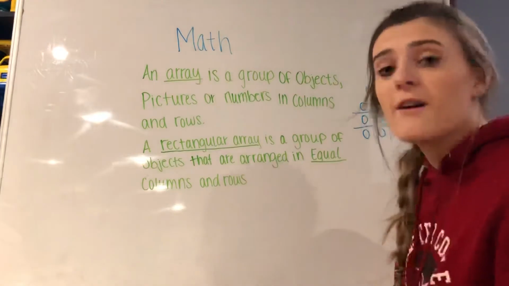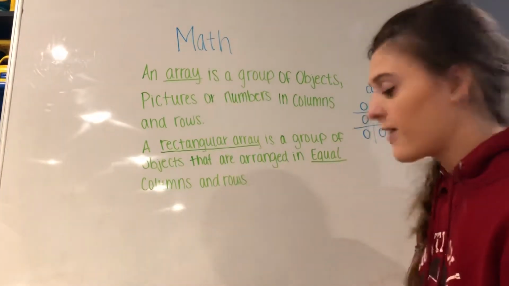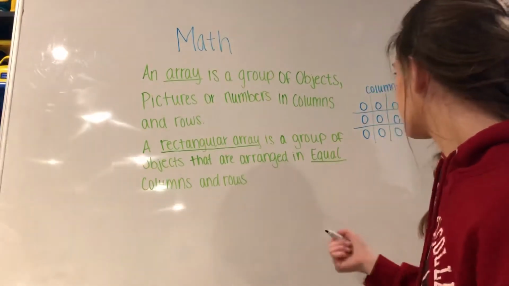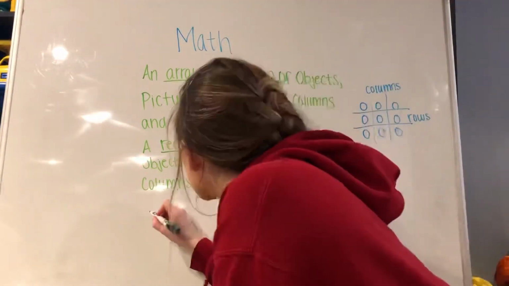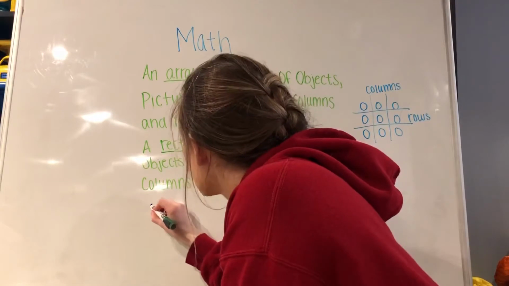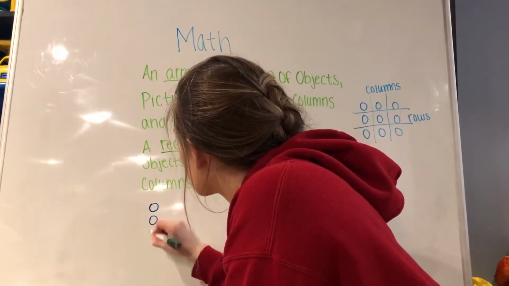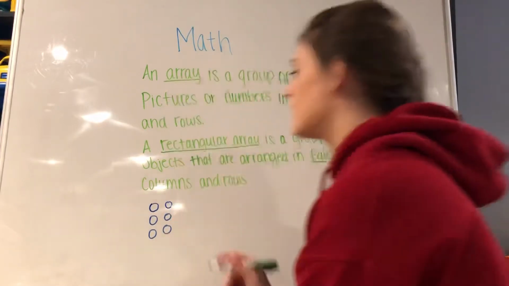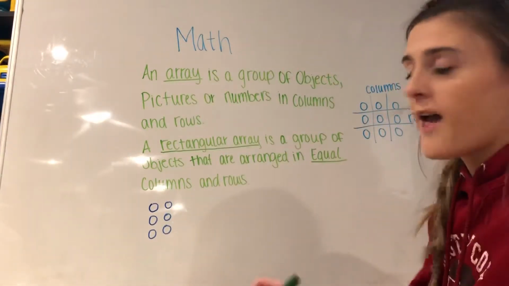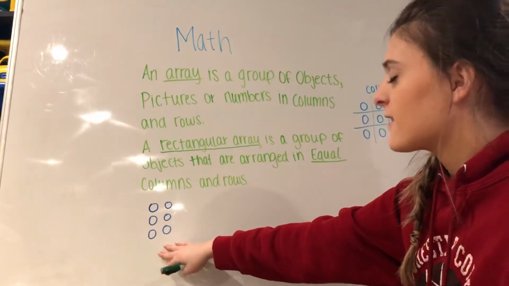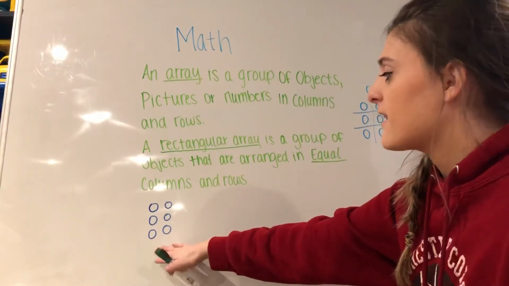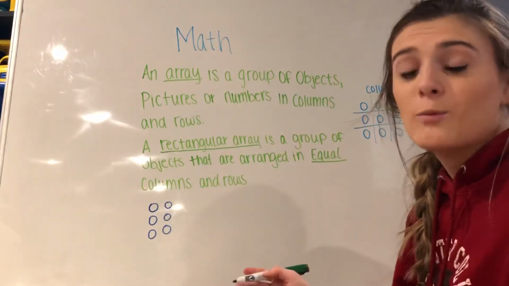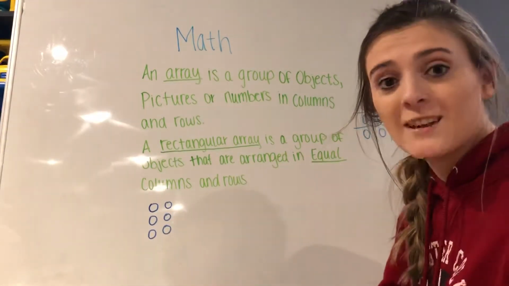So an example of a rectangular array that we could have is, if we have a rectangular array that looks like this, we're going to use it for addition that will later move us into multiplication.